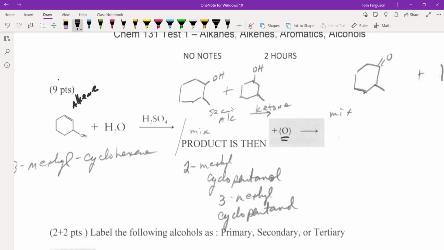Okay, so the first thing we're going to get is a secondary alcohol. These are both secondary alcohols because there is 1 hydrogen here, 1 hydrogen there. So it's a secondary alcohol, and we're going to get a mix. Which do you think is more stable, the left or the right? Kind of tricky.